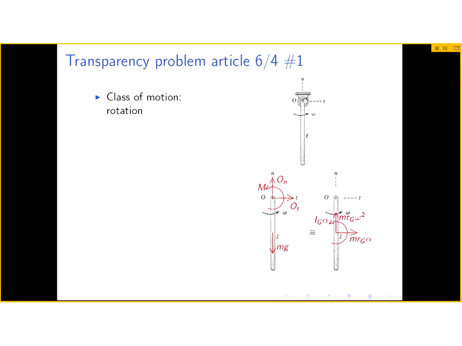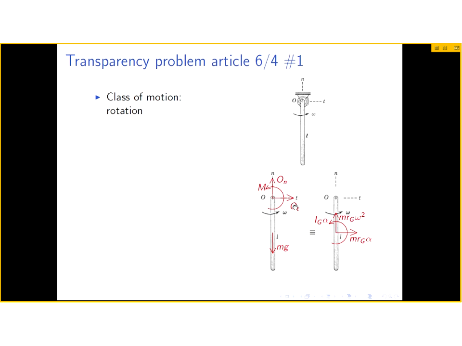Then of course I'll have the 2 unknown bearing reactions on the bar. Well, it's actually one bearing reaction, but it's got unknown magnitude and unknown direction, so I can decompose it into 2 components in the tangential and normal directions, as I've done here. And that's actually what they've asked us to calculate, the magnitude of these 2 components.